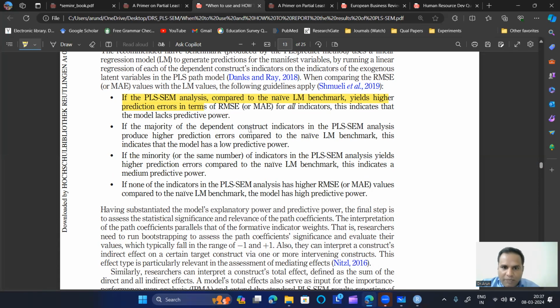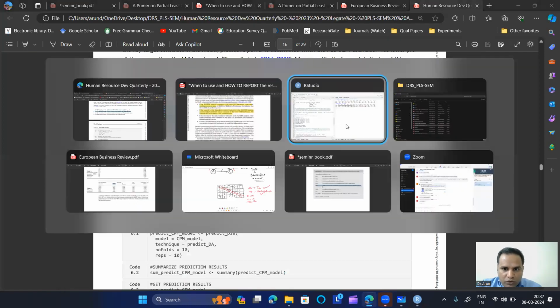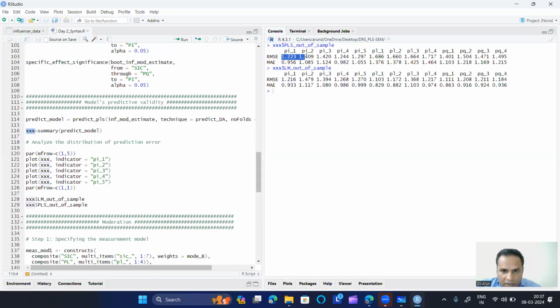If the majority of the dependent construct indicators in the PLS-SEM analysis produce higher prediction error, this indicates the model has low predictive power. This second one is applicable in our case, my friends. Here out of 5, 3 have more prediction errors. Then we will say the model has low predictive power, but still it has predictive power.